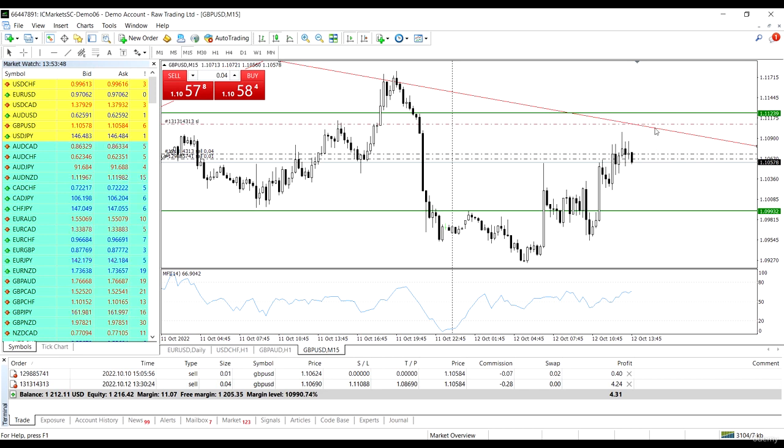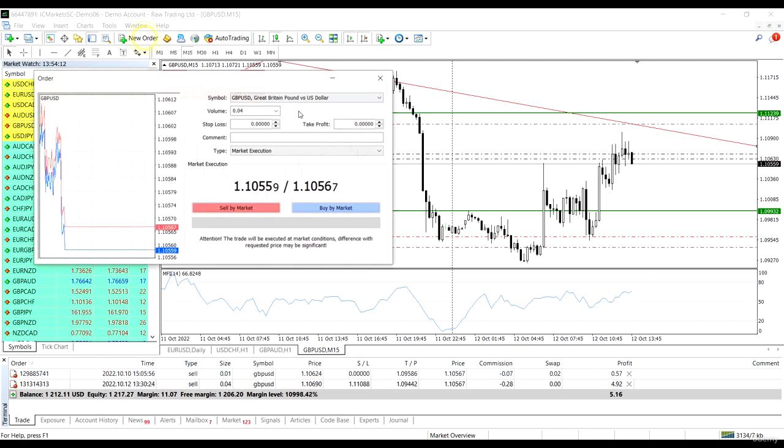For the sell trade, the stop loss order is above the entry price, while for the buy order it is below the entry price, right? You can actually drag them. This is called one-click trading. You can drag them on your platform to show where your entry price, your take profit orders and your stop loss orders will be.